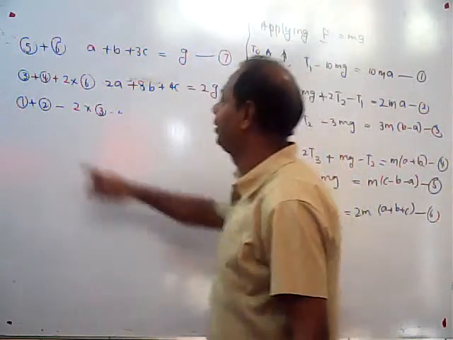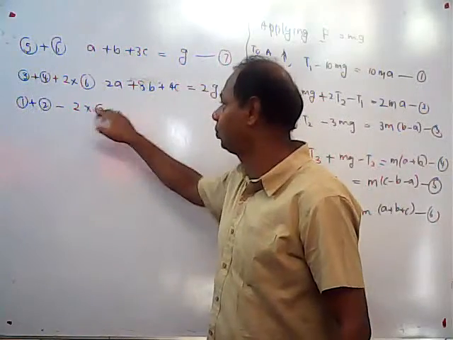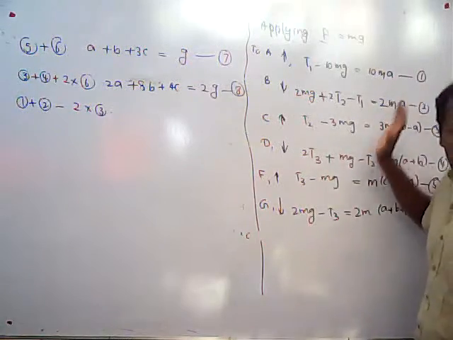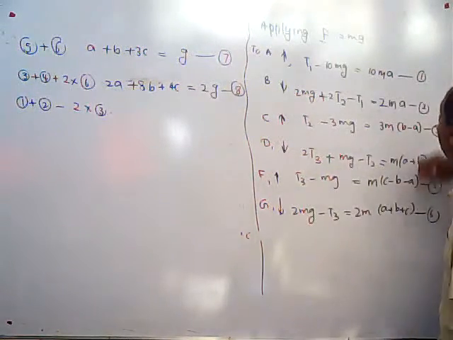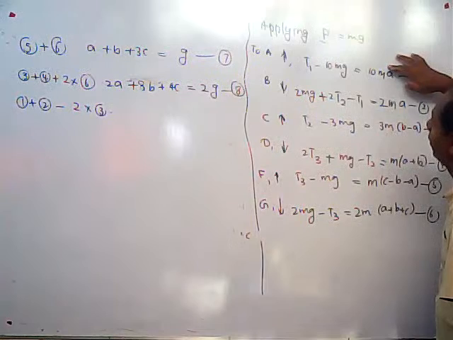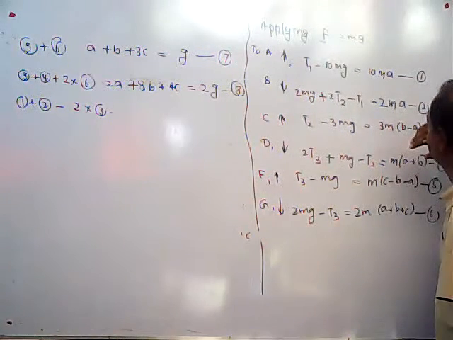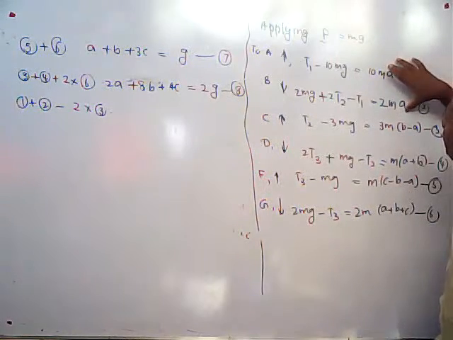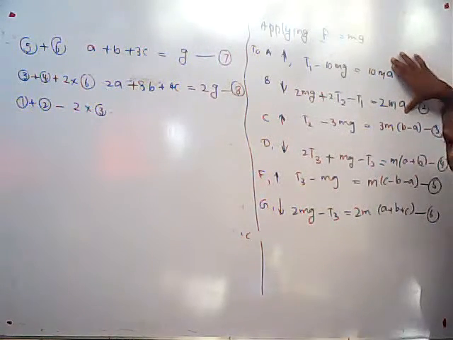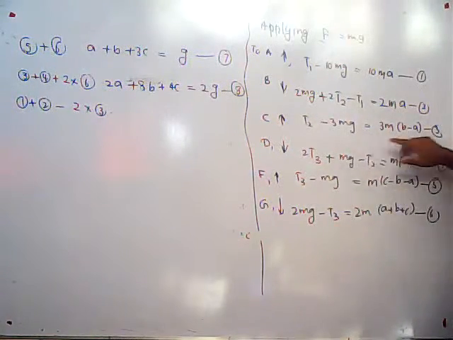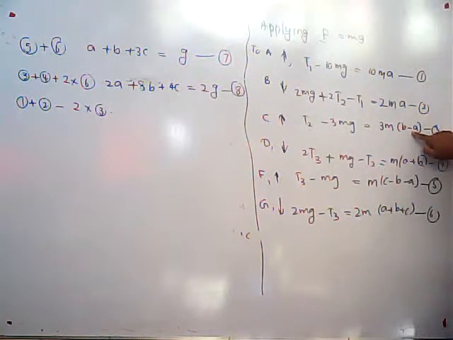And finally, 1 plus 2 minus 3 into 2. 1 plus 2, you go to the other side, right hand side. 1 plus 2 will be 12a, minus this into 2, that will change to plus 6 again.